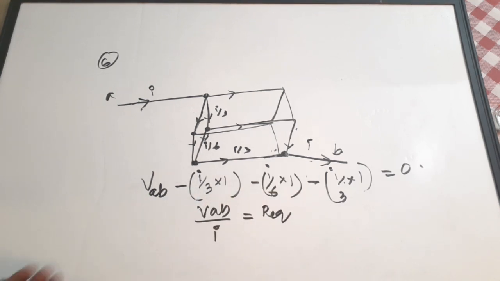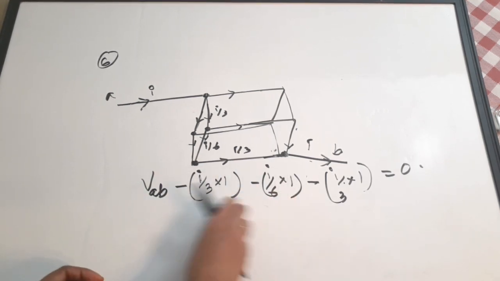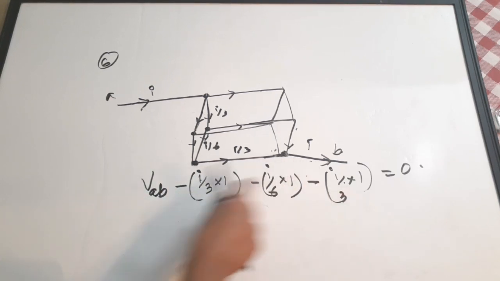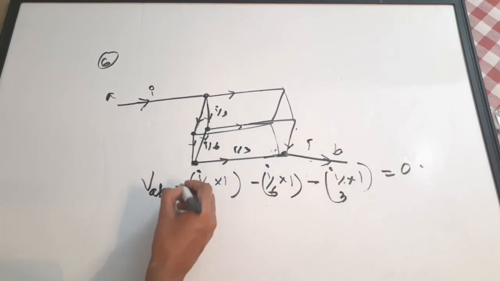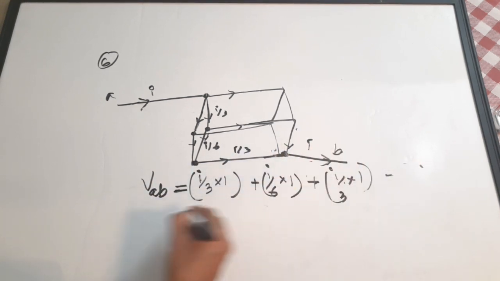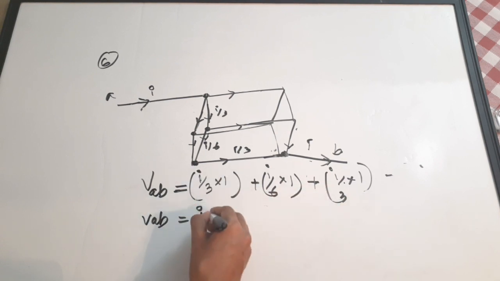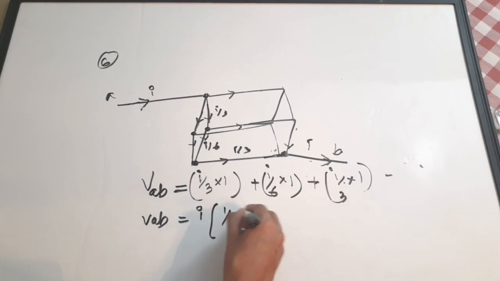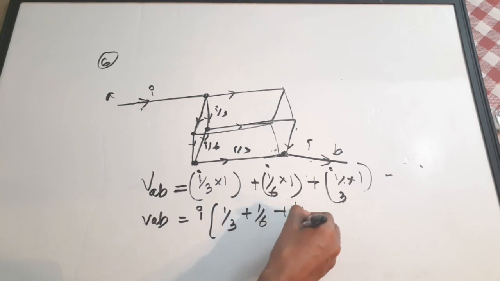So take these terms to the other side. You can do it here itself. Plus VAB is equal to, take the I's common, I into 1/3 plus 1/6 plus 1/3.